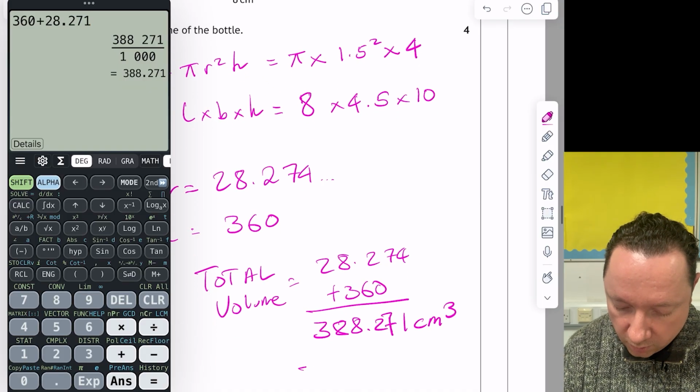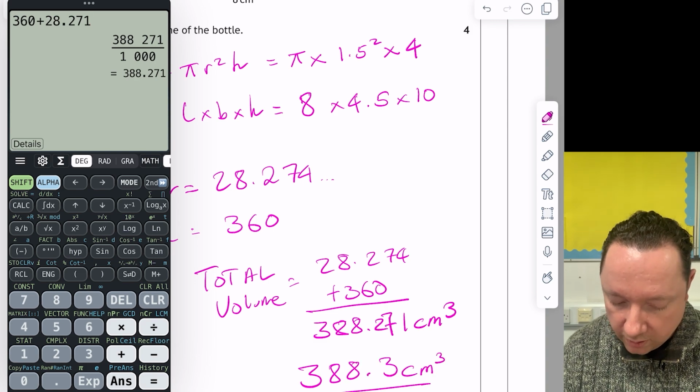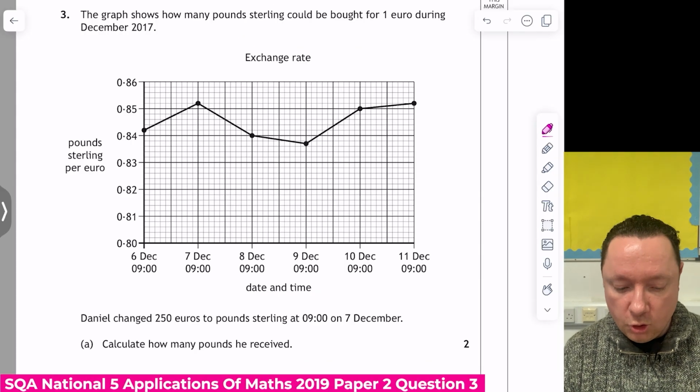You could round it if you want, but it's not asking you to. But 388.27 or 388.3 centimetres cubed would be fine as well. And we're done there.